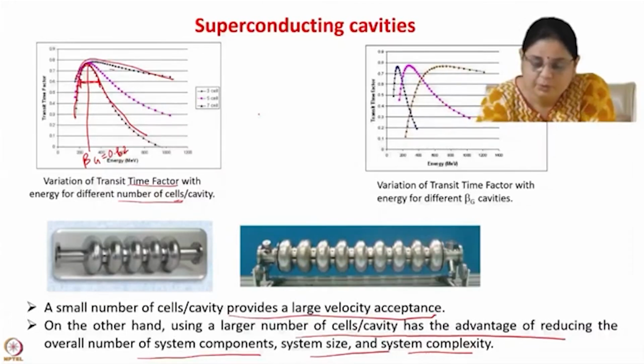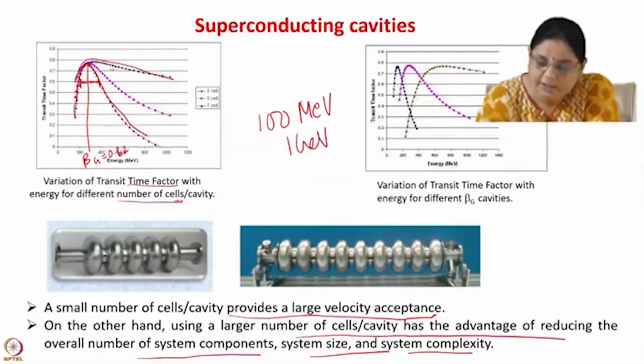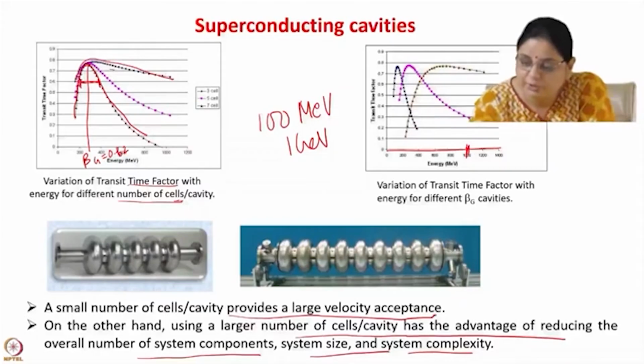Also, if you see this, if you want to accelerate protons from 100 MeV to 1 GeV, then the entire energy range from 100 MeV to 1 GeV is divided into 3 types of cavities corresponding to different values of beta g. So one type of cavity has beta g equal to 0.49.